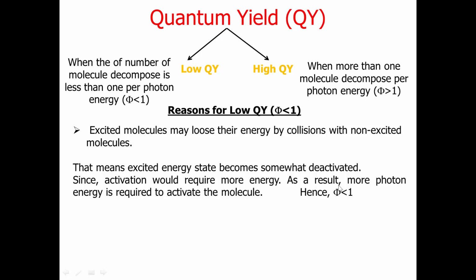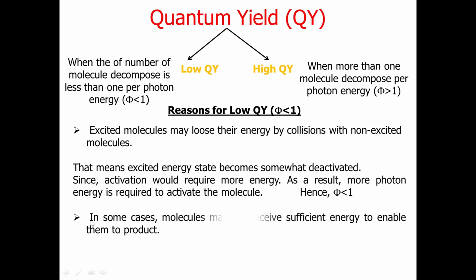Therefore more photon energy is required to activate the molecule. Alternatively, the total number of molecules remains the same, but the total quanta increases. So the lower part is enhanced. Obviously the phi value is the number of molecules reacted, that is the fixed one, divided by the number of quanta absorbed, and since that is enhanced, the quantum yield value should be less than 1.